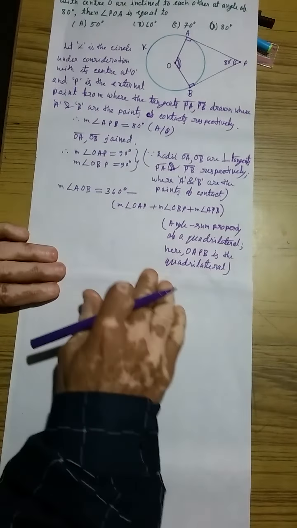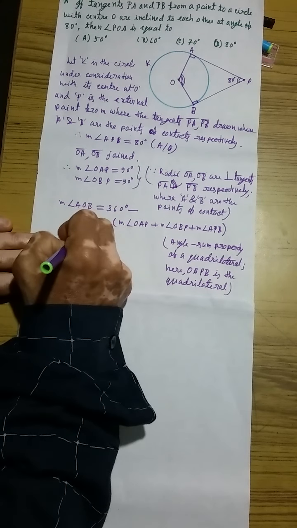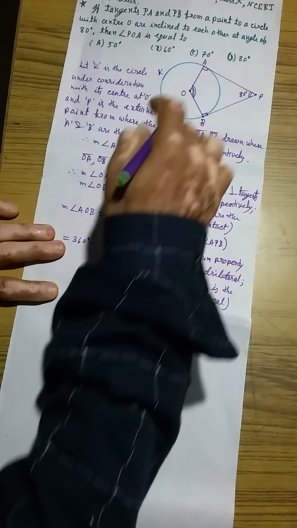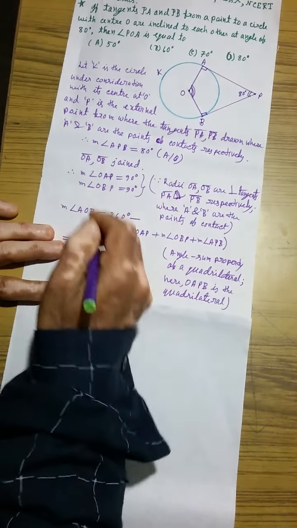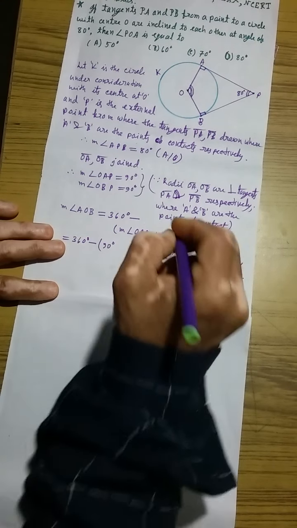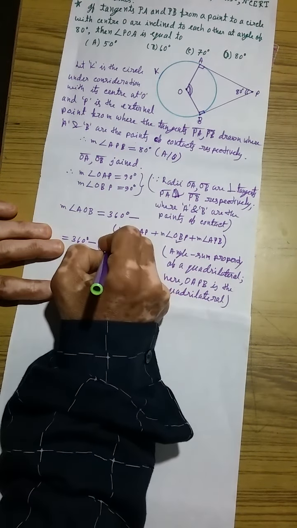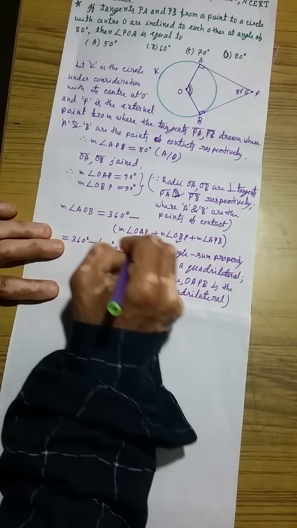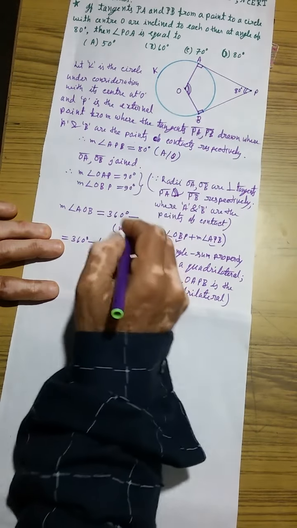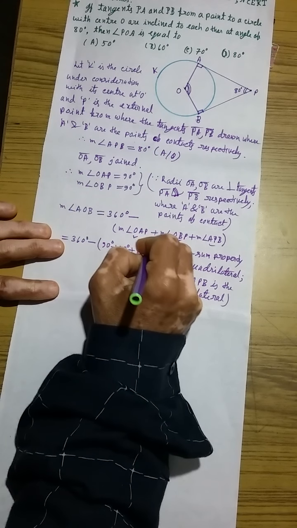After this, proceed in this way. This is again equal to 360 degrees minus measure of the angle OAP, which is 90 degrees, plus measure of the angle OBP, which is 90 degrees, plus measure of the angle APB, which is 80 degrees according to the question.